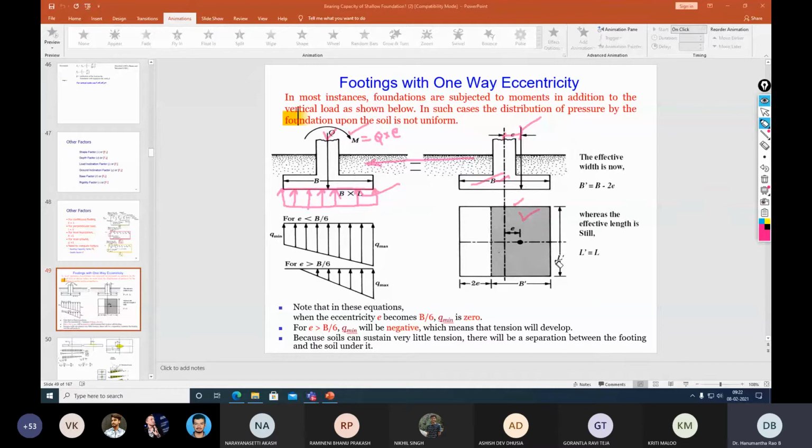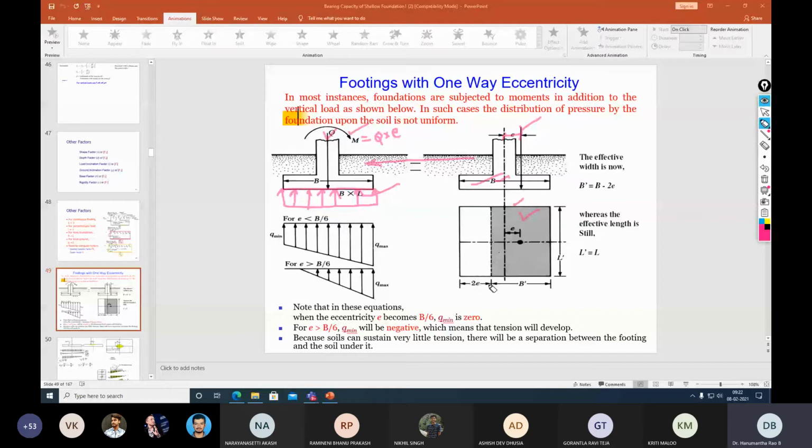Since there is eccentricity only in one direction, here in the width direction, the whole length will be subjected to the soil bearing pressure.